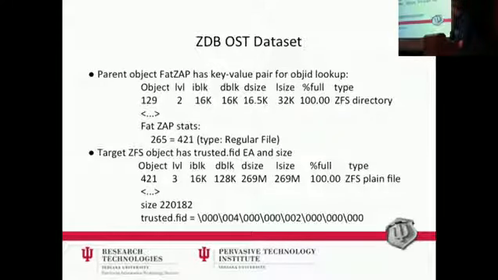That's saying object ID 265 maps to ZFS ID 421. Then we go down to 421, and that has the size on it. So now we have all of the pieces necessary to put together this file size, and the OST objects have the trusted FID as well.